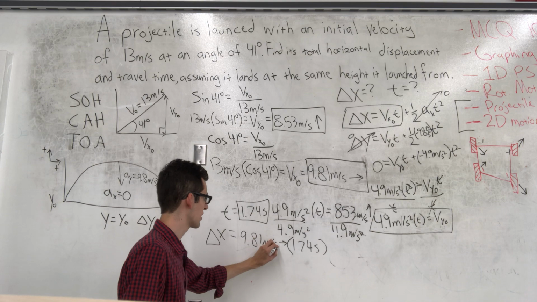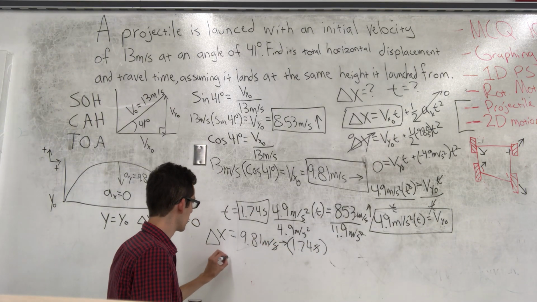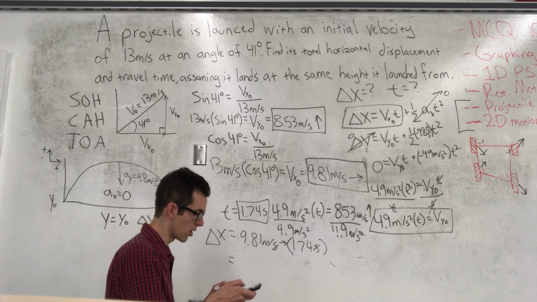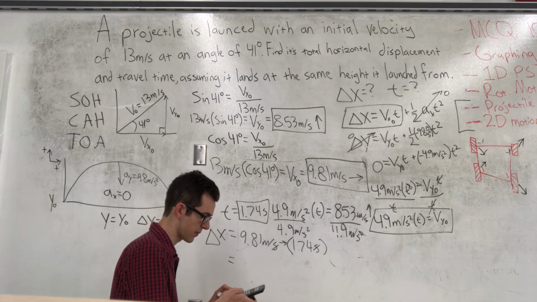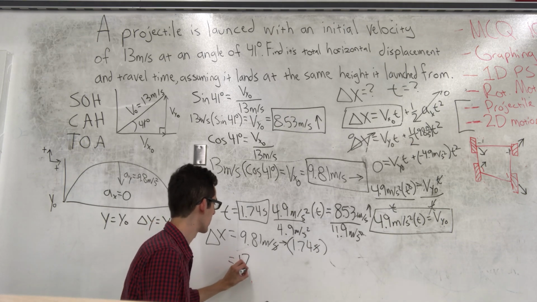Our seconds will cancel out, seconds in the denominator with seconds in the numerator, and we just get 9.81 times 1.74, which gives us 17.07 meters.